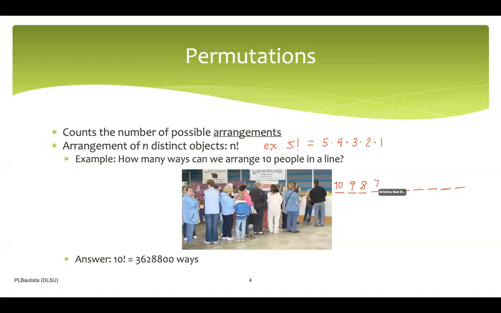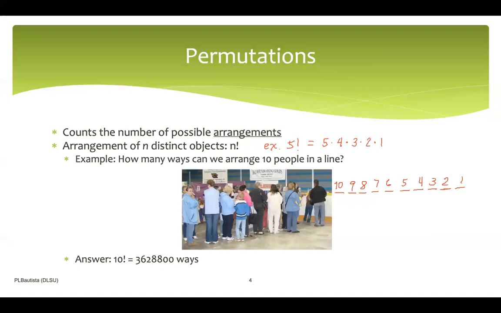So you will see that actually when you use the fundamental principle of counting, you will arrive at the same answer, which is the very definition of 10 factorial by multiplying from 10 all the way to 1. Note also that there is a way to calculate factorial using your calculators and using Microsoft Excel.